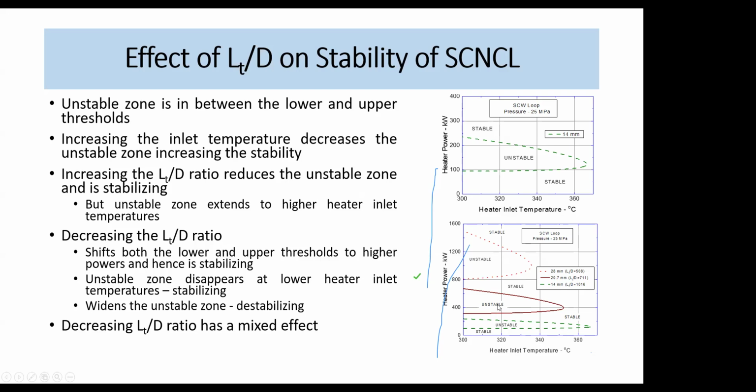So, in addition, the unstable region has widened. But see, this shifting up is stabilizing. And you find that it is disappearing at a lower temperature, which is also stabilizing. But widening of the unstable region, that is destabilizing. That's why we say that it is a mixed effect.